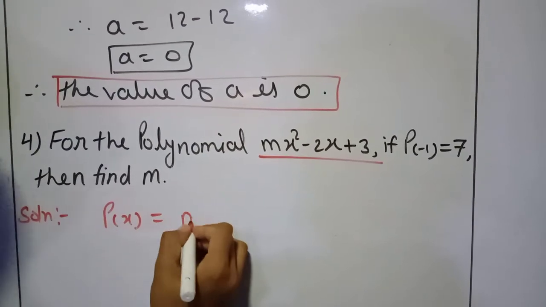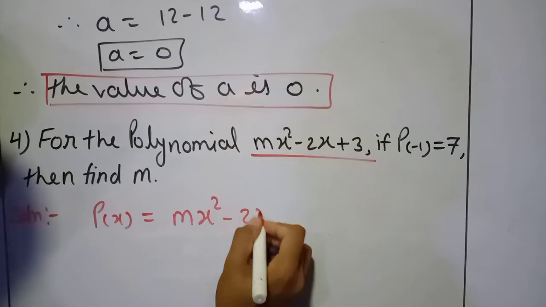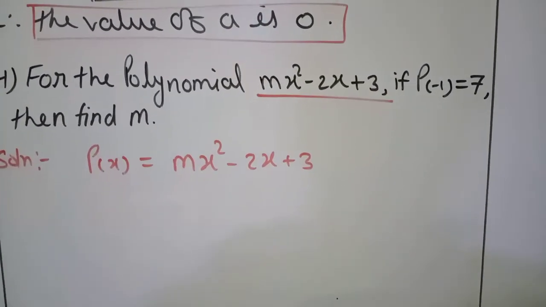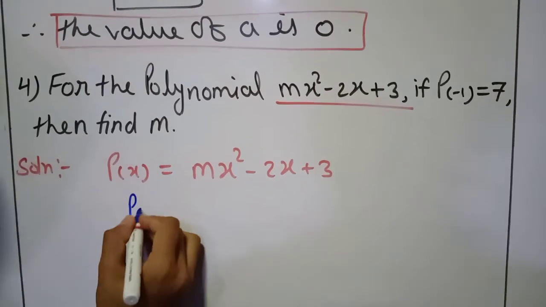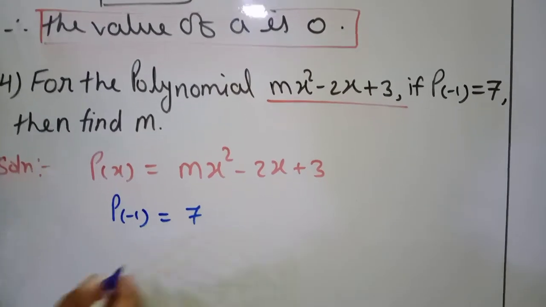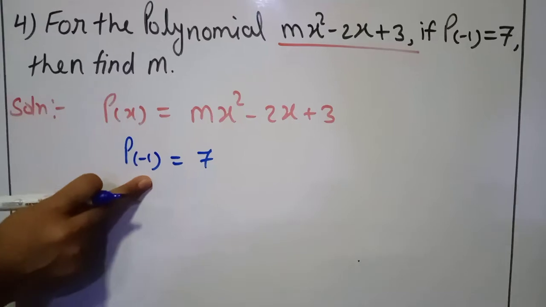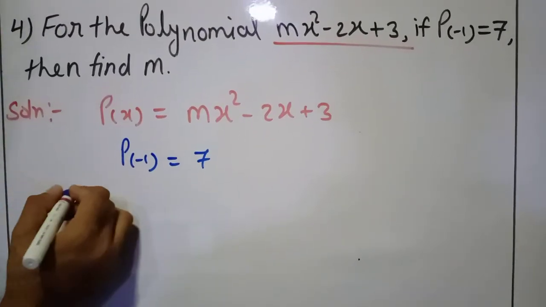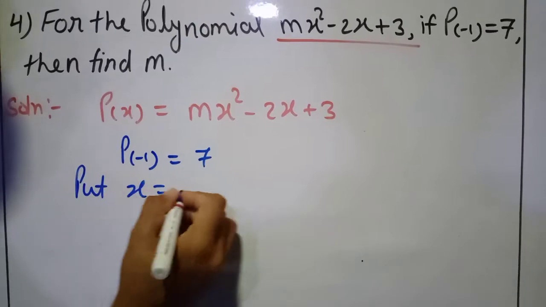Px is equal to mx square minus 2x plus 3, and p minus 1 is equal to 7. Means if we substitute minus 1 at the place of x, we get the answer 7. So put x is equal to minus 1.